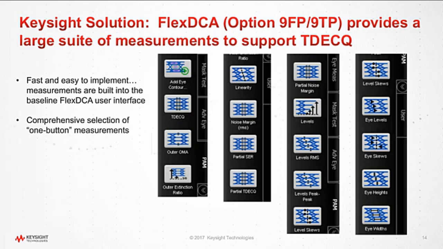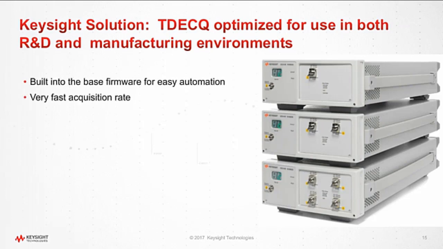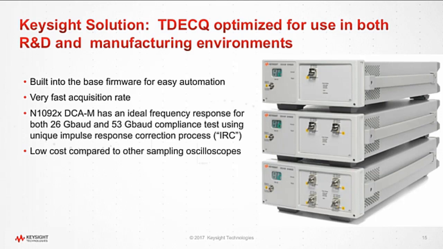From a hardware standpoint, we've optimized the solution for both R&D and manufacturing. So again, we've built that TDECQ measurement capability into the base firmware. The hardware itself samples 6 times faster, this new DCA-M or DCA Mini solution compared to the traditional DCA. And we've implemented this impulse response correction process.